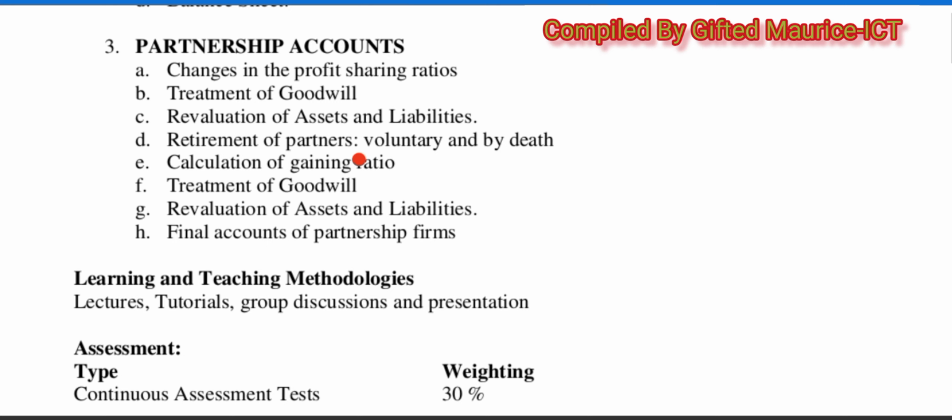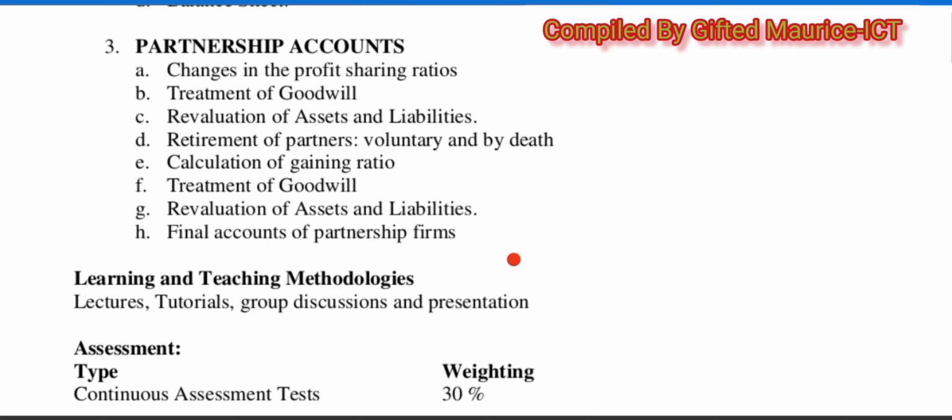And then, of course, we have the final accounts of partnership firms. So, how do you prepare the final accounts of a partnership firm, and what are these accounts that you'll be preparing?